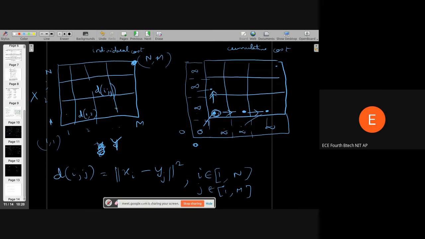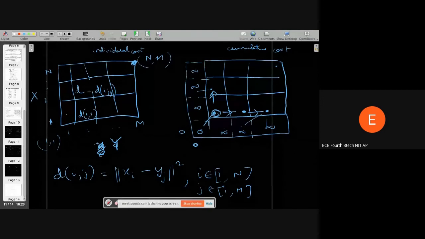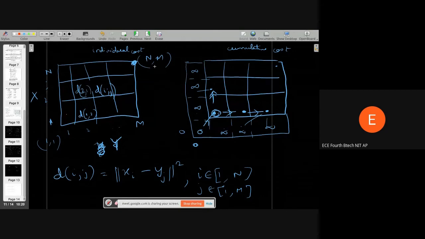And what will you add to this? This individual cost. That's why I prefer having two matrices side by side. At least when you code it, write a program of DTW, you will do it like this. It will be much easier.